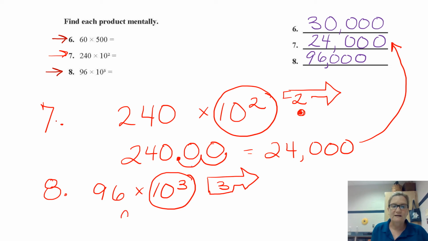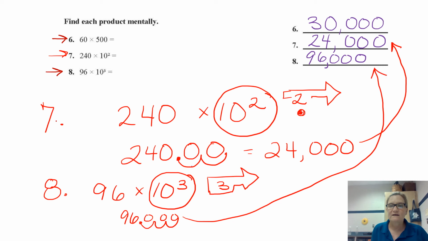You will have 96, it's a whole number. That means the decimal point is at the very end of the number, and you move it 3 spaces to the right. And that will give you 96,000. Now this is the way I do it. I move the decimal point. Maybe your teacher taught you to add zeros, but either way, it's okay.